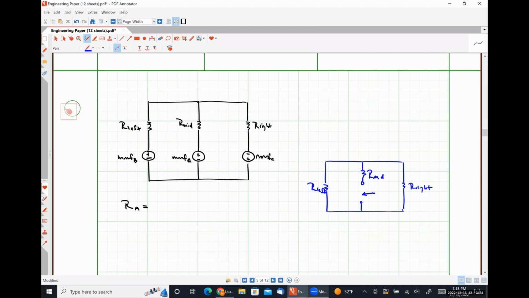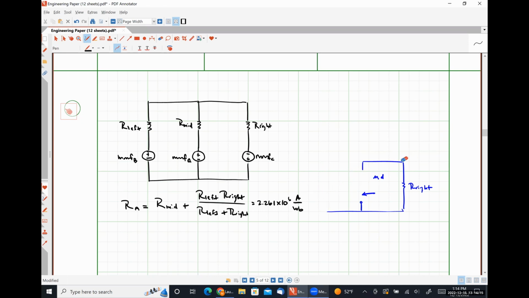R mid in series with R left in parallel with R right. Numerically, that comes out to be 2.261 times 10 to the 6 amps per Weber, assuming I calculated this right.